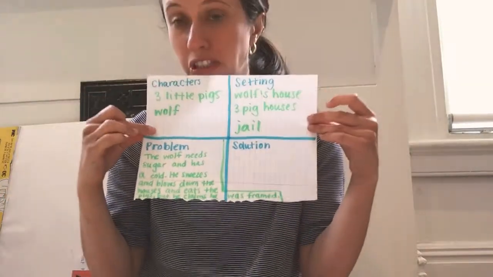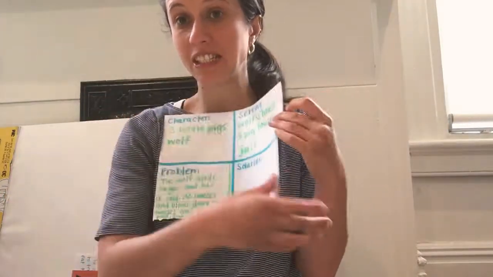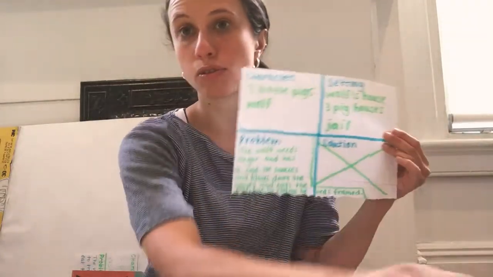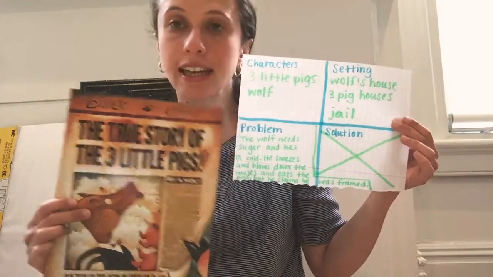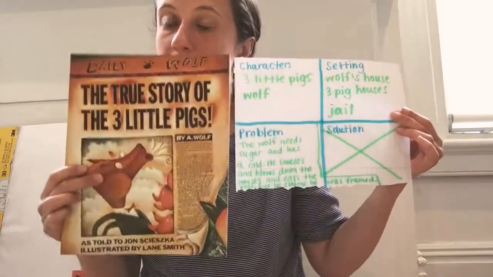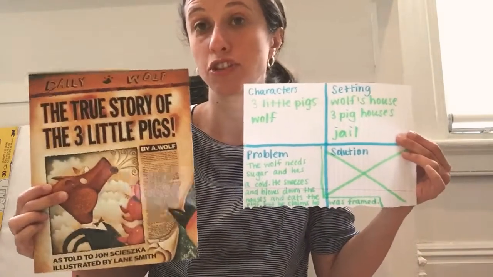So for the solution, I might just cross it out because it doesn't really end well for the wolf. Maybe it ends well for the third pig because the wolf doesn't eat the third pig. But since this story is from the wolf's perspective, things don't really end well for the wolf. So I'm going to just cross out the solution.